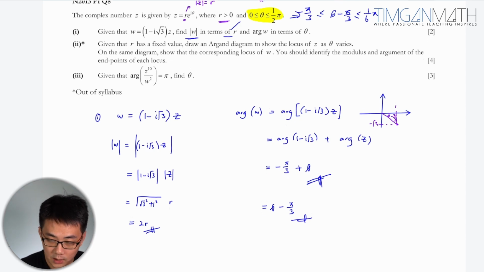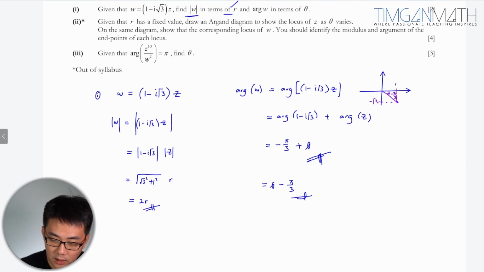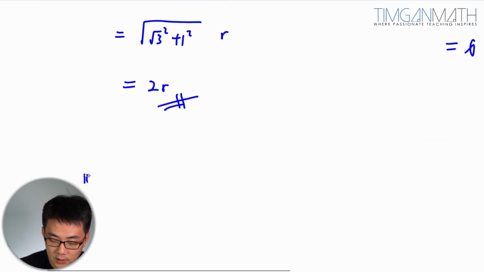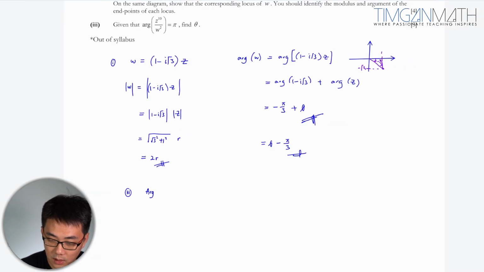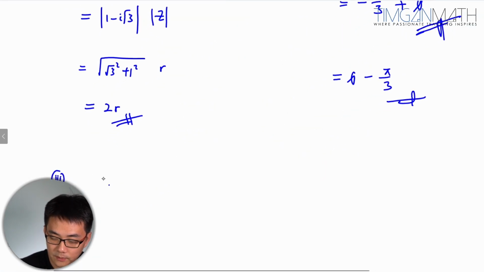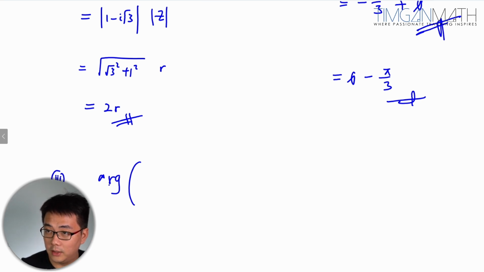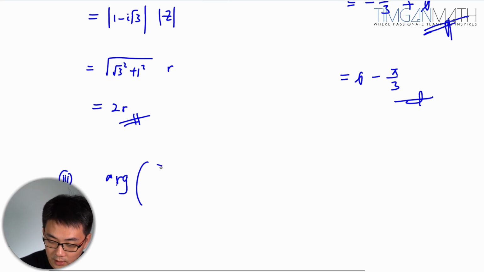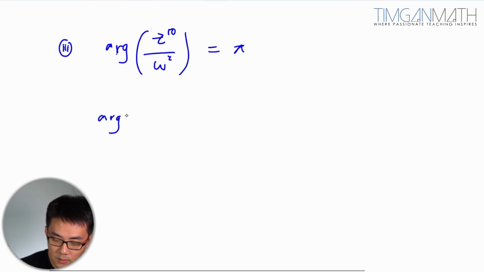For part 3, given the argument of z to the power 10 over w squared is pi, what you need to do is just take the argument, and then z to the power 10. Like I say, argument behaves like logarithm. So this is a pretty okay question, I think. z to the 10 over w squared is equal to pi. So this will be argument z to the 10 minus argument w squared equals pi.